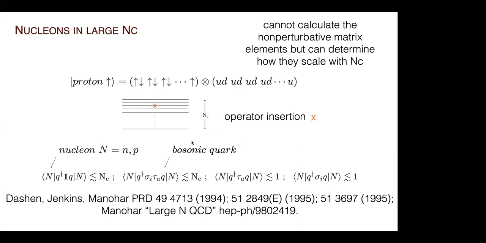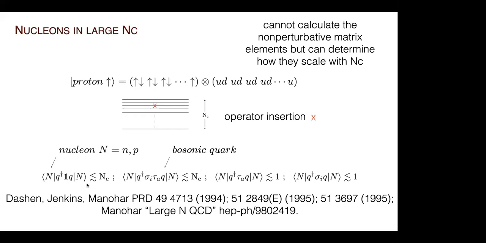So that if I look, for example, if I want to look at a matrix element of, say, the number operator, Q dagger Q, and these are the bosonic quarks here, and the big N stands for a neutron or a proton, and the N_C is the number of colors. I'm afraid there are some font changes going on here, and of course, there are more N's around than one would like.